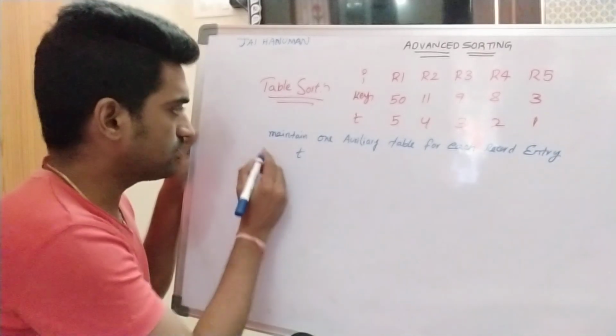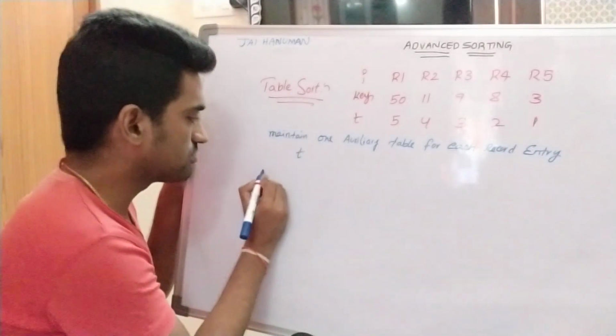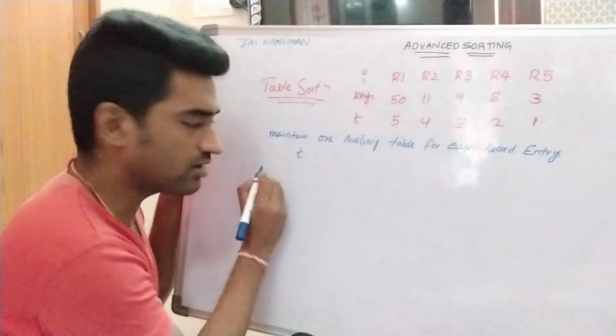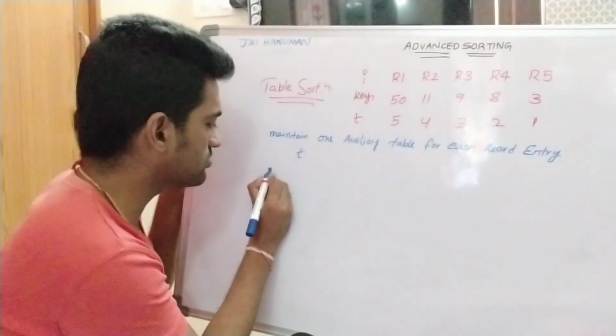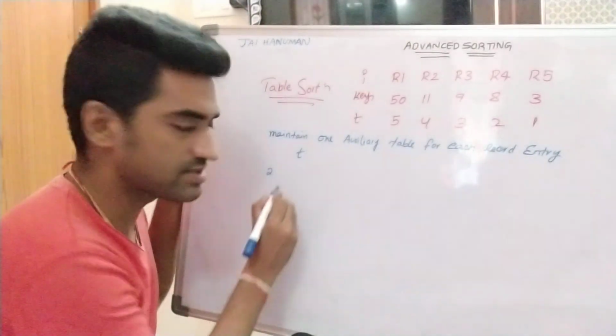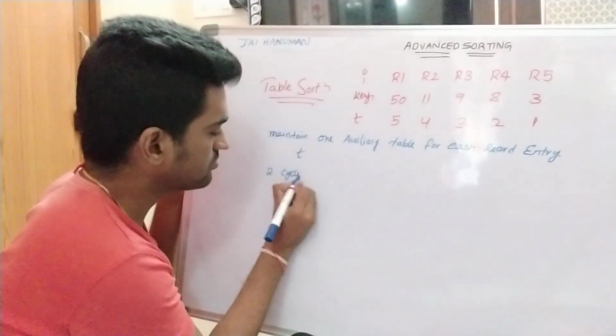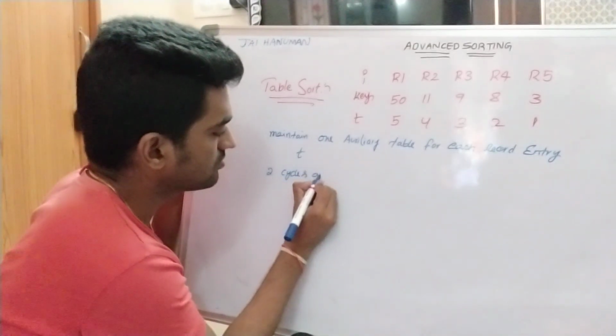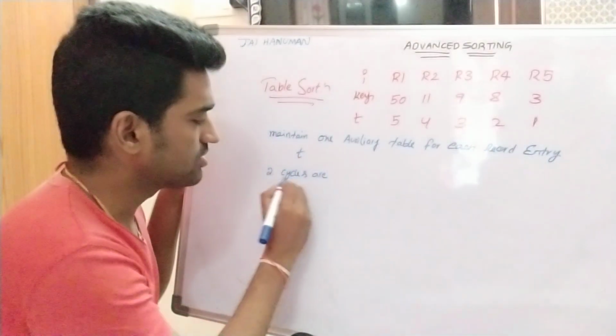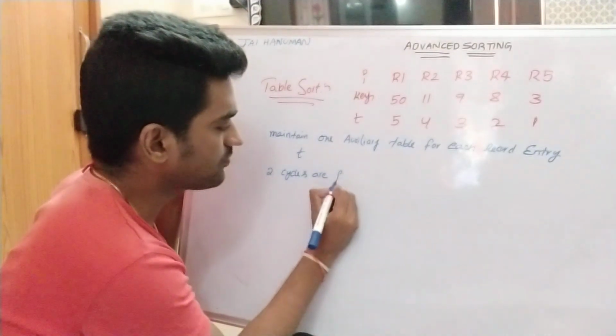So in table sort, generally two cycles are formed.